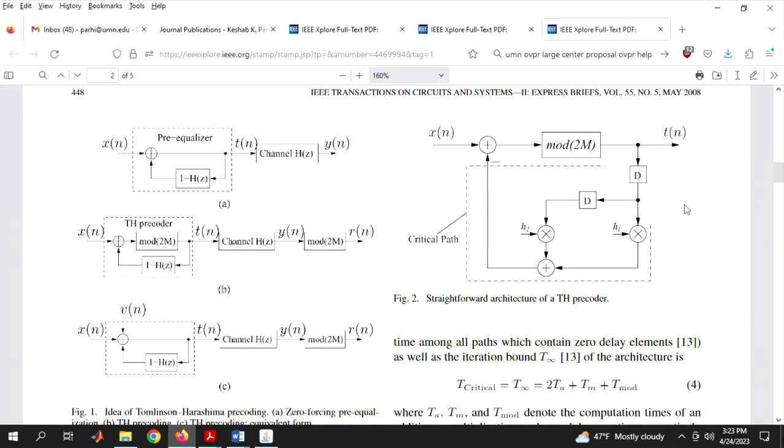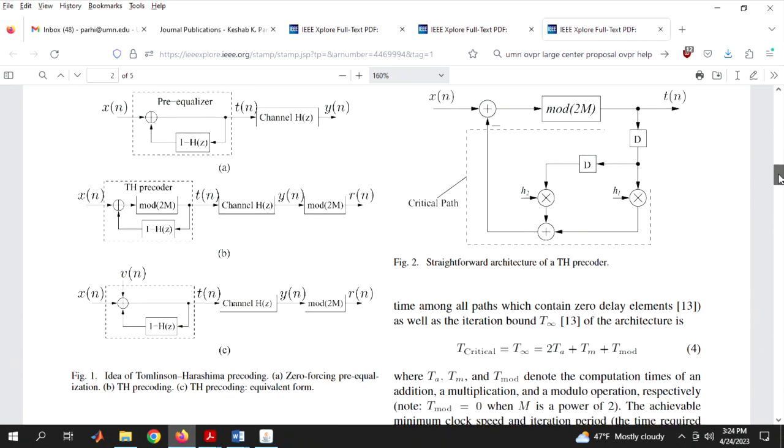Again, you can see the critical path as we have talked about. The critical path is 1 multiply add, another add, and the modulo. That's equation 4, saying that the critical path here is 2 times add plus multiply plus the modulo device.